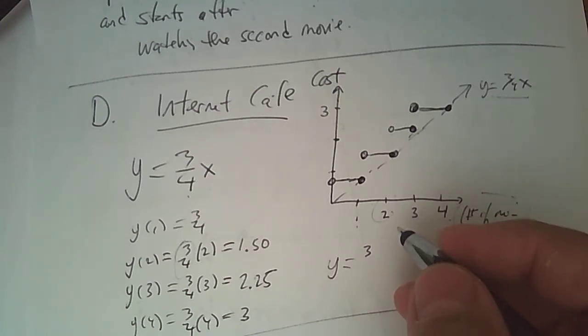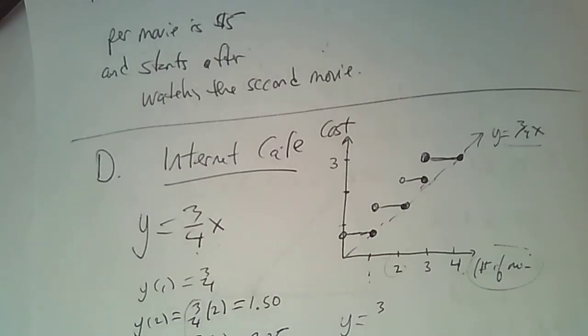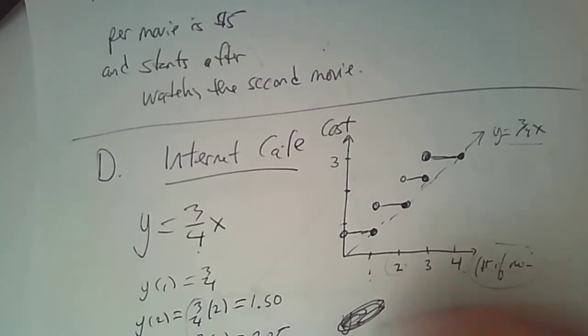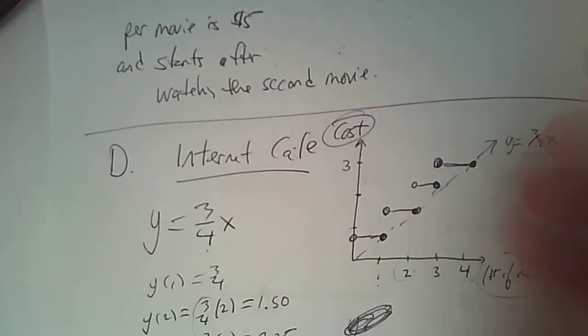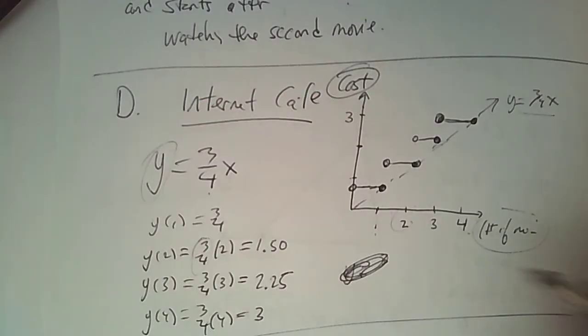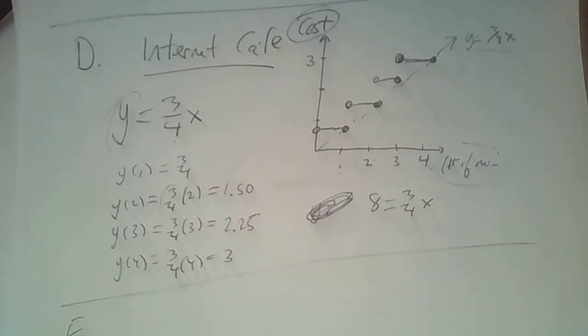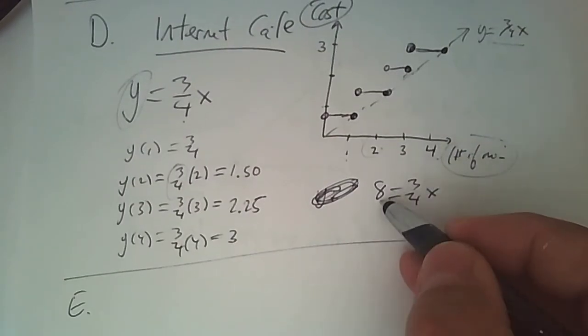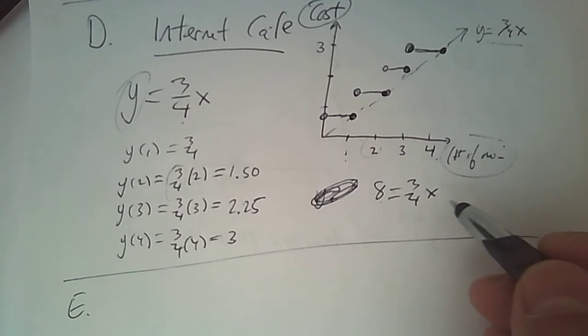I think that's what I said. So that means what you're given is actually the cost. So $8 is how much it costs, and 8 represents the y. So we're going to write that equation down, and we're going to solve for x to know how many minutes you would get on the internet for that.